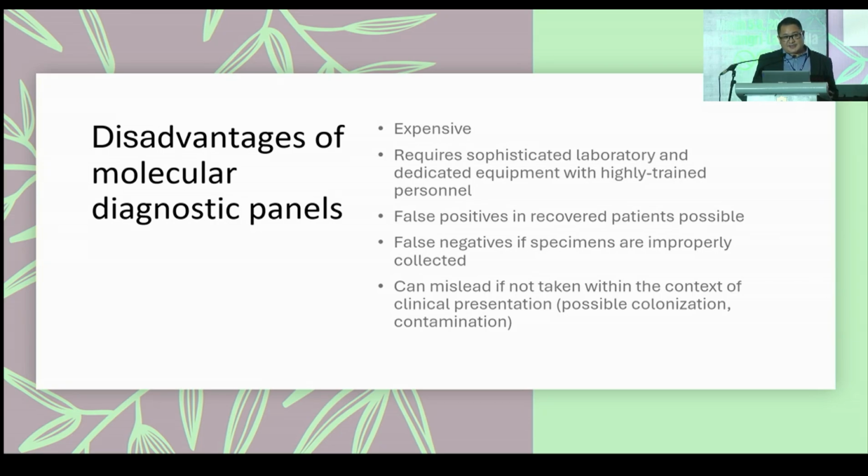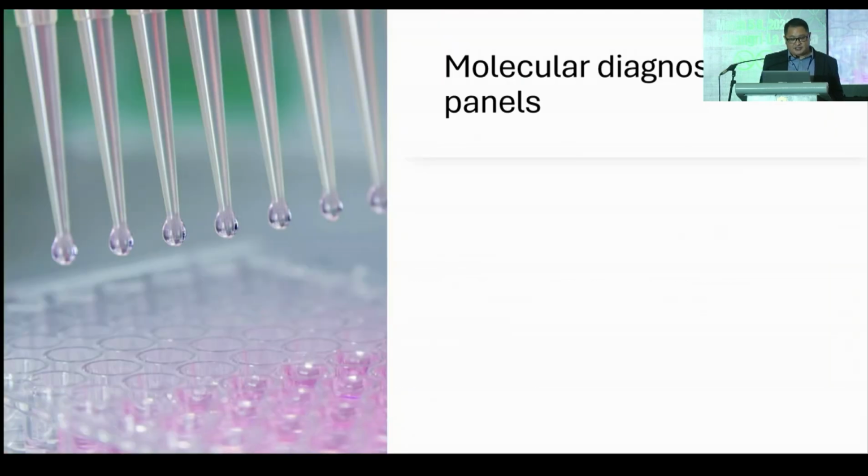And the nice thing is that some of these panels will actually give you a quantitative measure of some of the bacteria. Say if you detect Acinetobacter baumannii or Haemophilus, it'll actually tell you how much in a semi-quantitative way, so that you can make a decision, okay, which one's the player? Is it the Haemophilus? Is it the Acinetobacter?